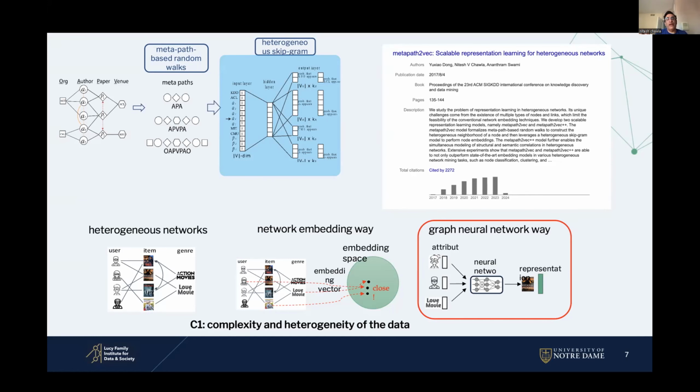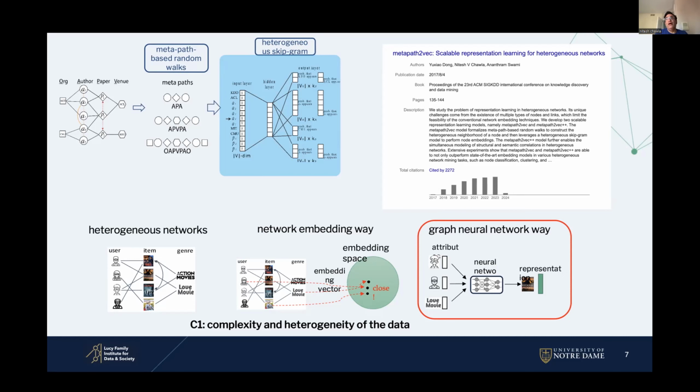We computed the probability of a venue based on the venue nodes, probabilities of authors based on author nodes, and probability of paper based on paper nodes, not across all the nodes that a skipgram may do. There were other things that we did along the way in terms of the loss function, etc. So this became the first method for representation learning for heterogeneous graphs.